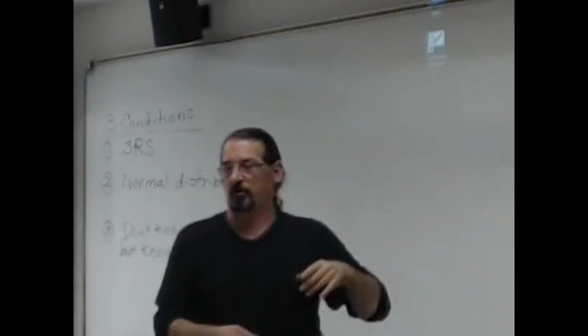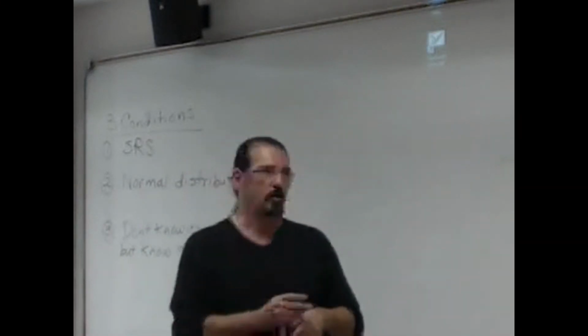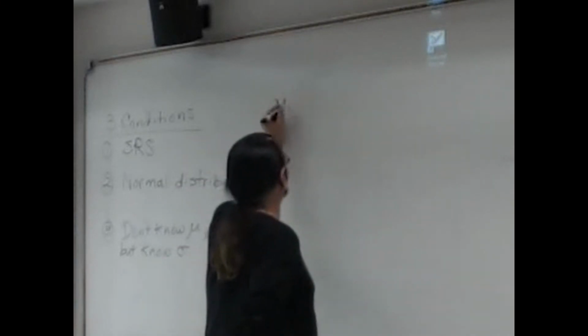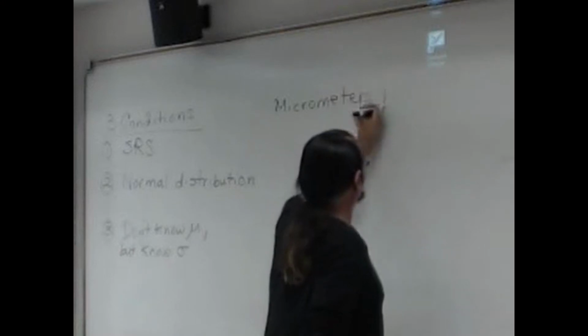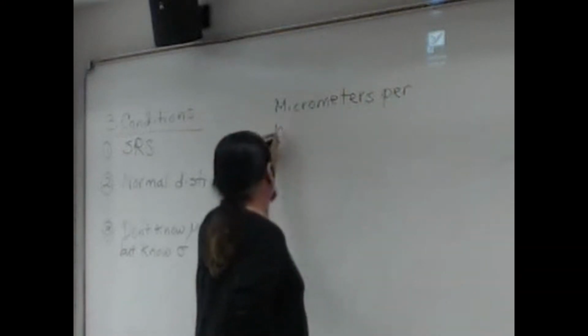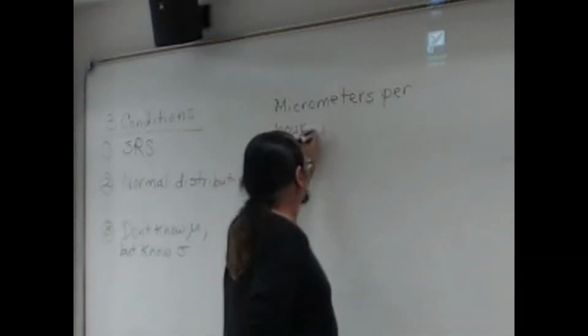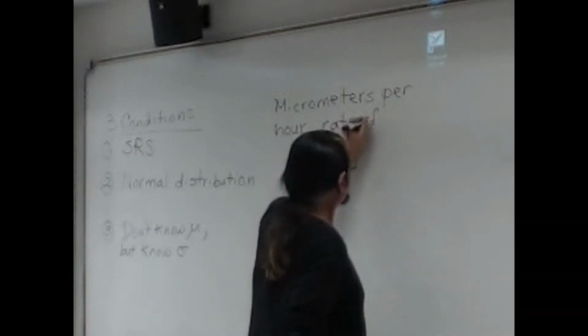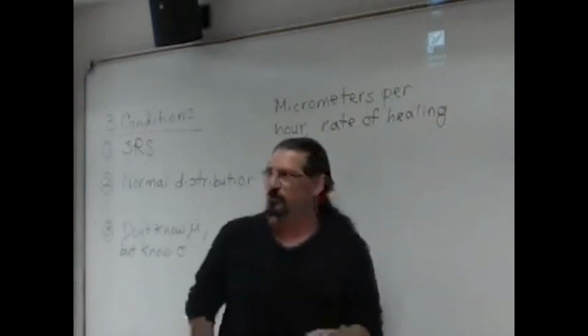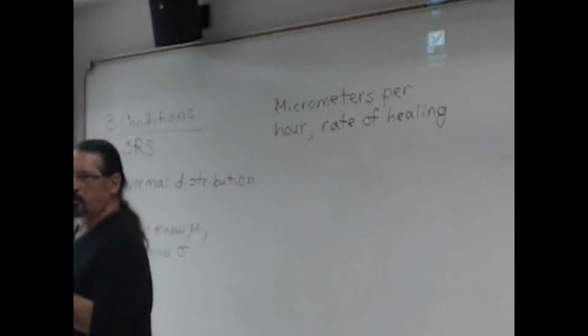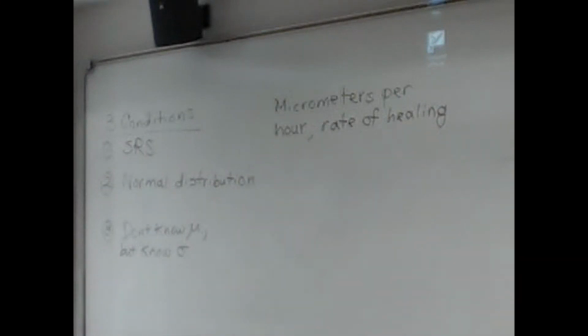So these numbers were in micrometers per hour. And we had 18 of those newts. What label could we give to that number 18? The 18 newts, little n.